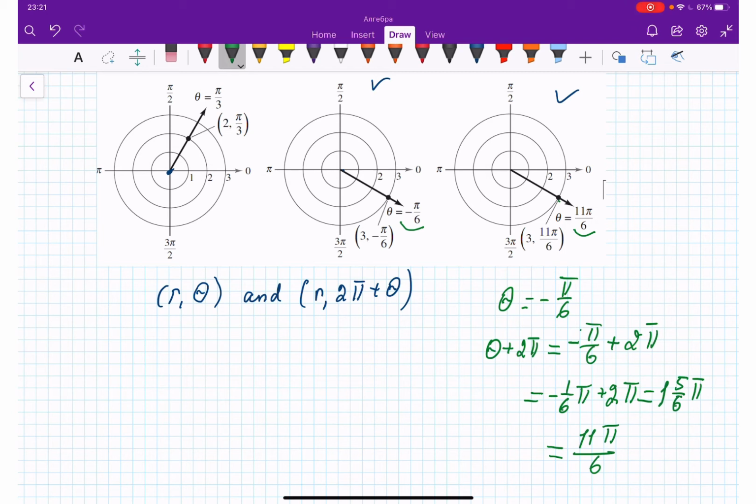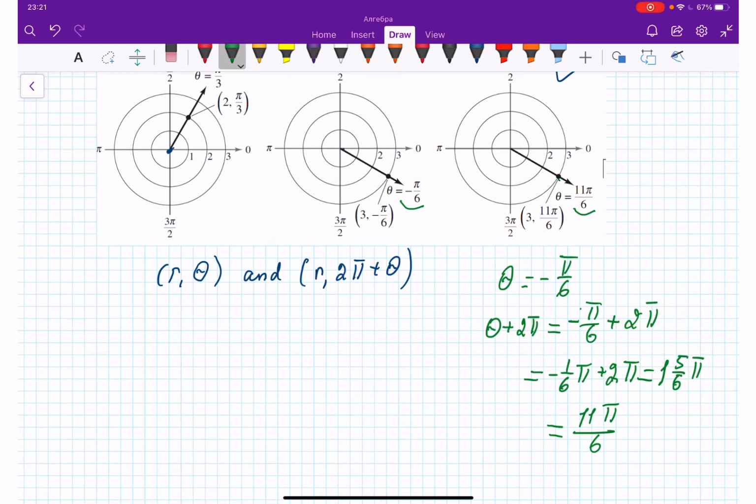Now, also, because r is a directed distance, the coordinates r, theta and negative r, theta plus pi represent the same point, right?